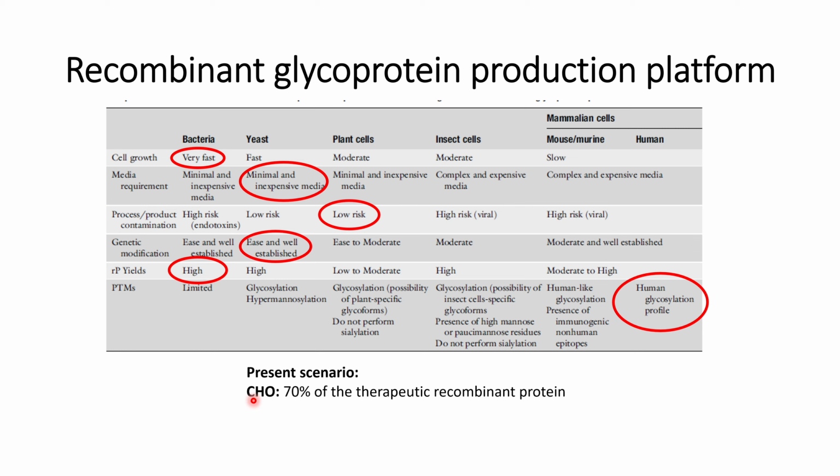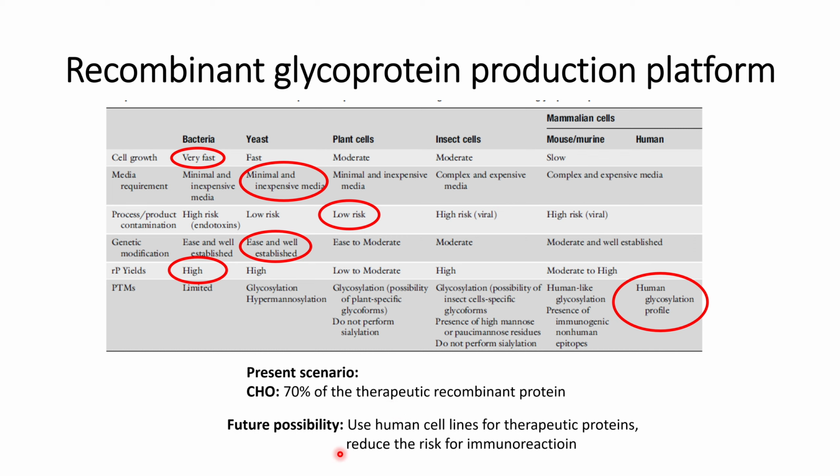In the present scenario, one of the mammalian cells, the CHO cells, can produce 70% of the therapeutic recombinant proteins. However, this also has problems related to post-translation modifications. The future possibility is to use human cell lines for therapeutic proteins, which will reduce the risk of immunoreaction.